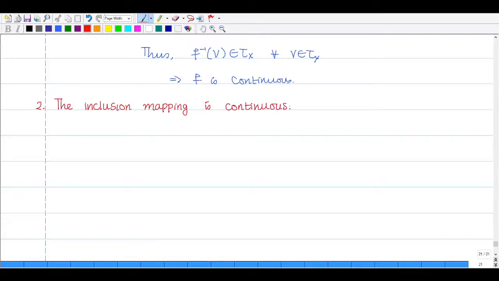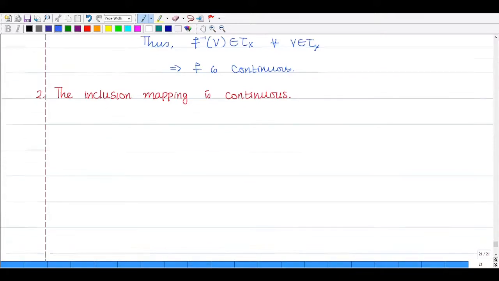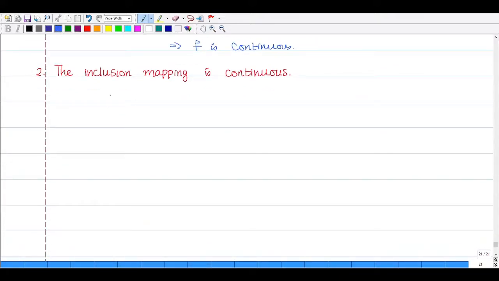What is an inclusion map? It is nothing else. Let capital X be a topological space and A a subset of X, a subspace. What is tau A?